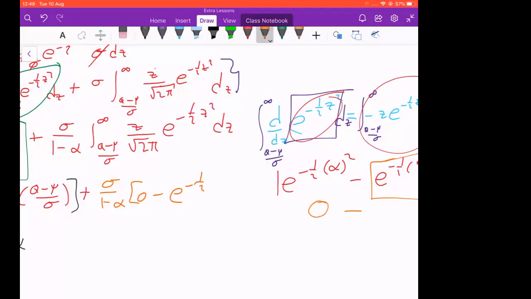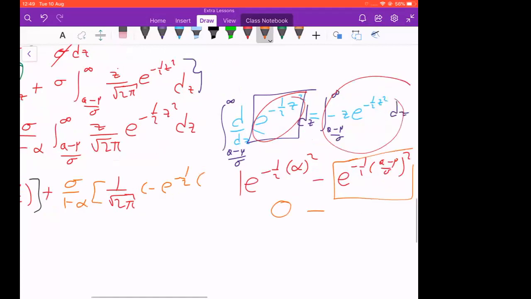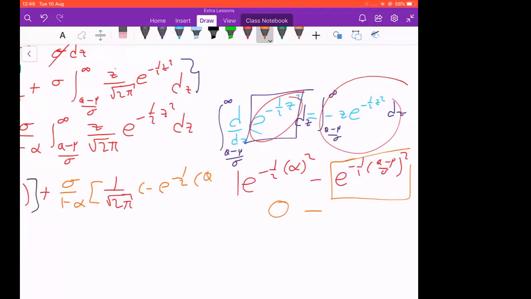Actually, all this thing is going to be 1 over square root of 2 pi, multiplied by negative e to the power minus 1 over 2 squared.